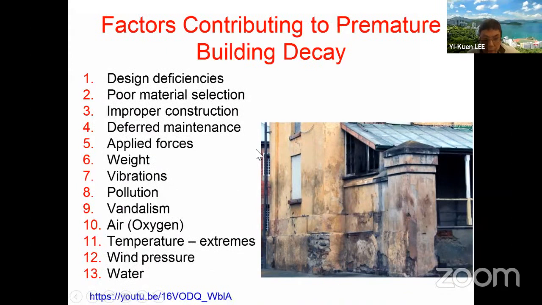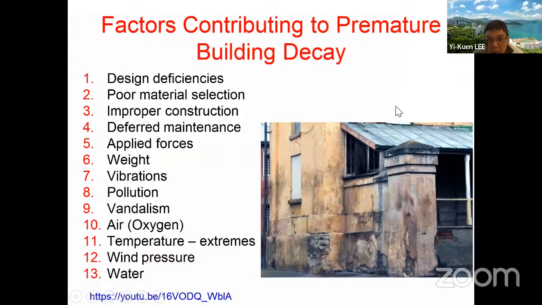Anyway, here I just show you building maintenance. Once you have a building, again, a building is like a human. Humans can easily get sick and get some disease.